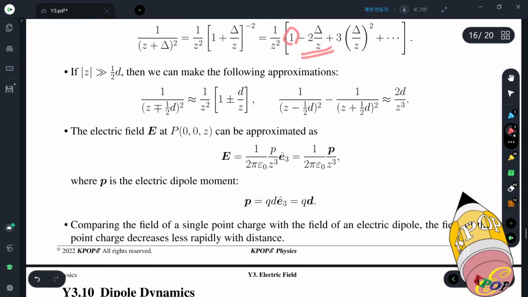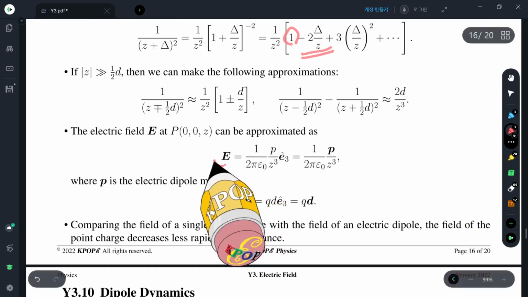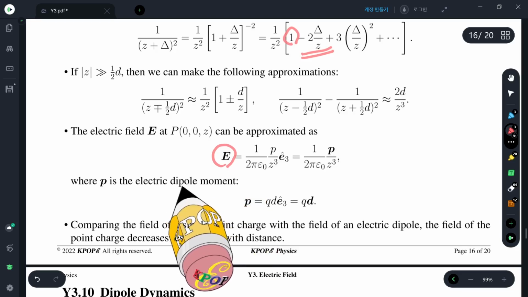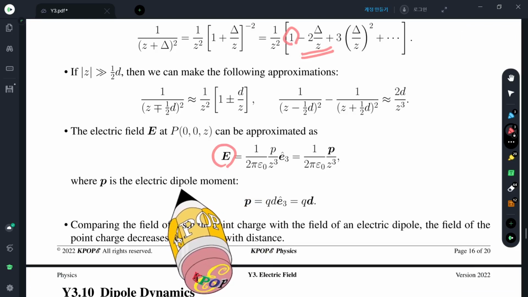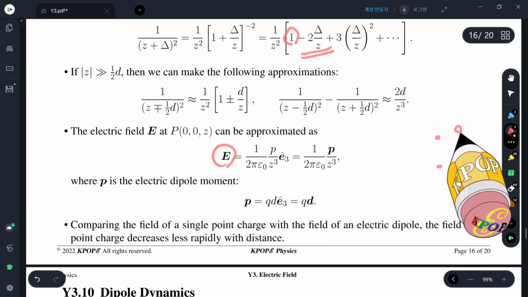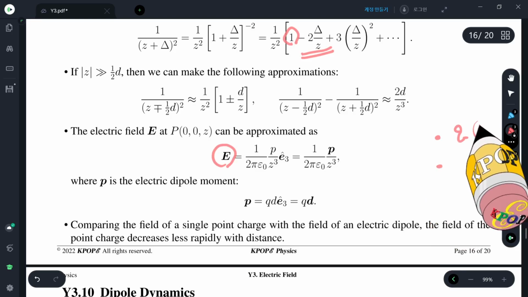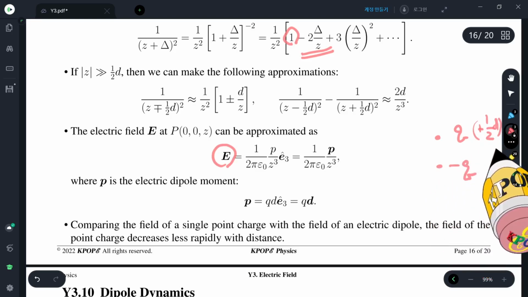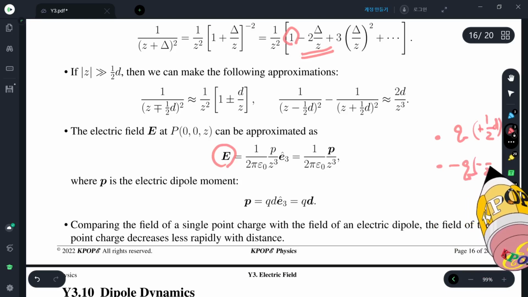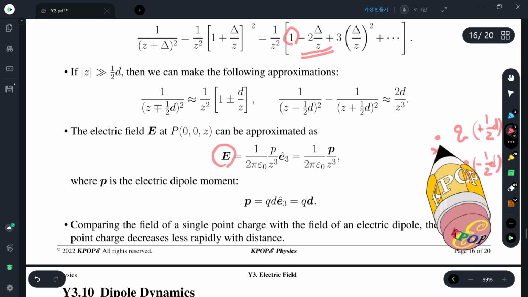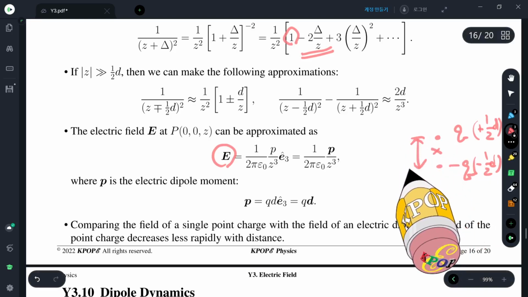Therefore, if you add the two contributions, the electric field is not inversely proportional to the distance squared. Here, charge q is at plus 1/2 of d on the z axis, charge minus q is at minus 1/2 of d, and this is the center, and the separation is d.